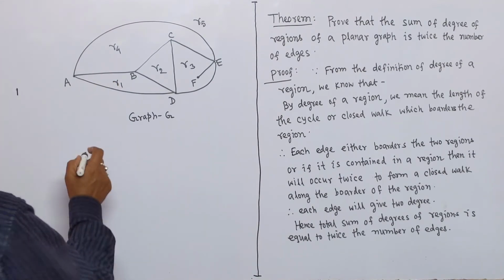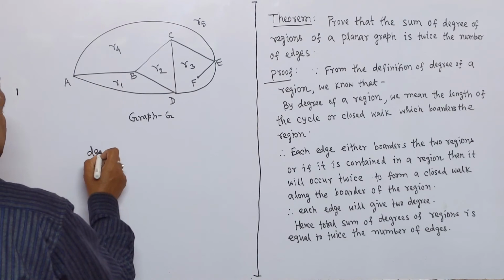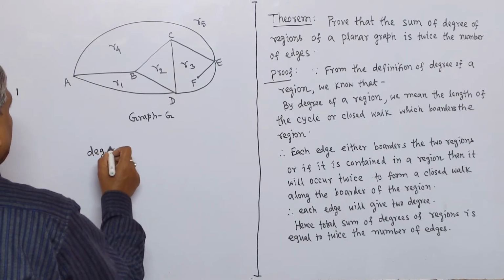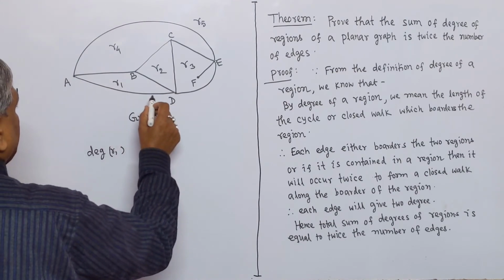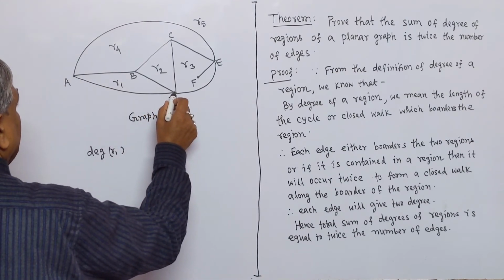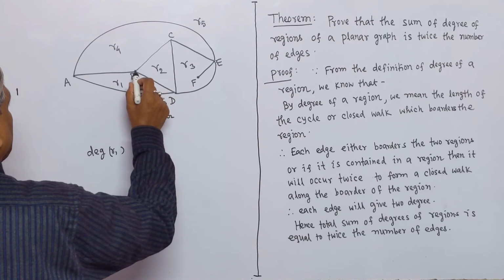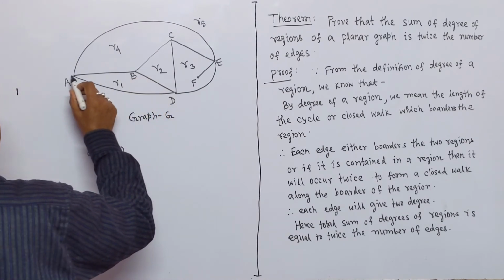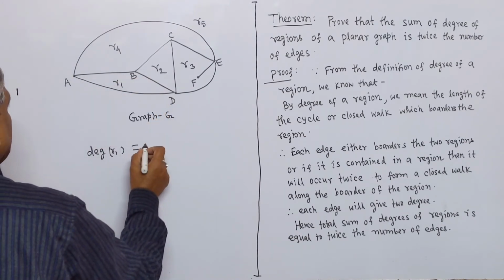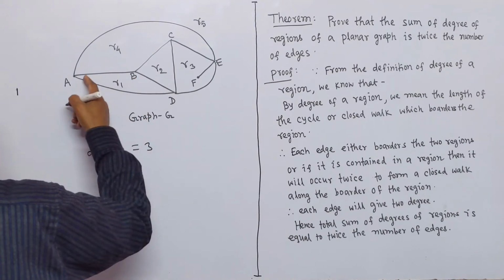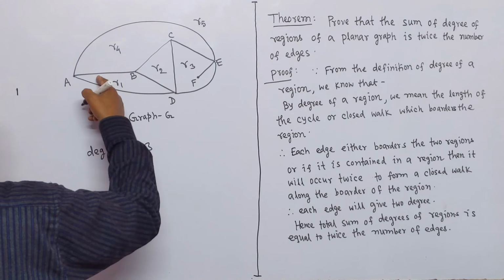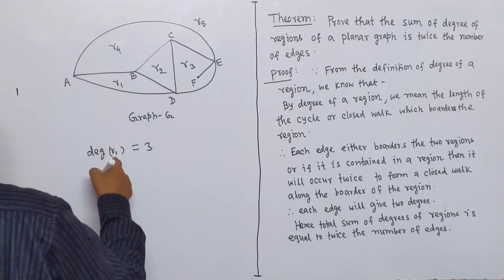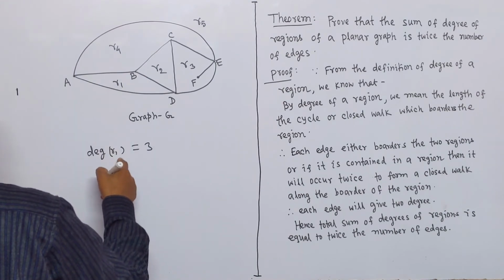When we find the degree of R1, we take edge AD 1, edge DB 2, edge BA 3. So this is 3. Here edge BA has contributed 1 degree for region R1.